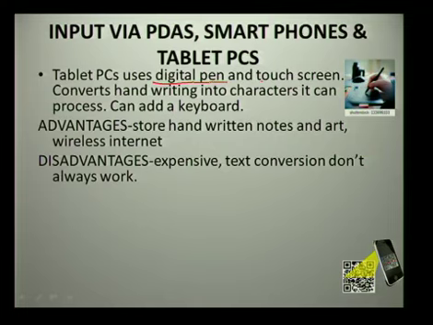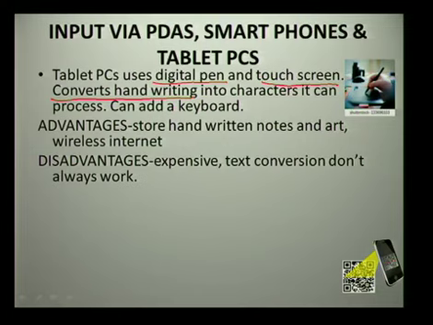Then we're going to look at tablets. Now tablet PCs use a digital pen as well as a touch screen, right? What happens is that it converts handwritten characters, meaning your handwriting, and they are then read as text into that device.